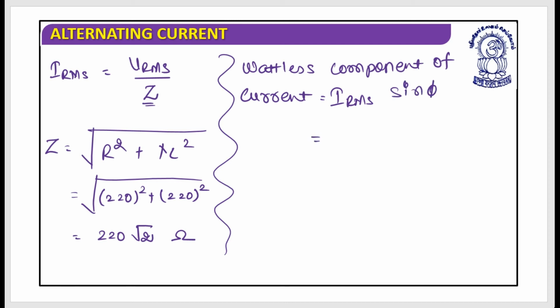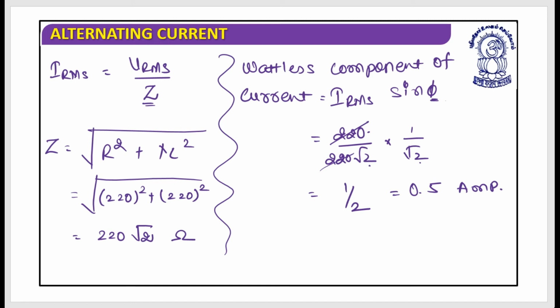So this is VRMS, which is 220, divided by Z, which is 220 root of 2, multiplied by sin phi, where phi is the 45 degrees that we found in the previous slide. So sin 45 is equal to 1 by root 2. Root 2 into root 2 gives 1 by 2, which is 0.5 ampere.